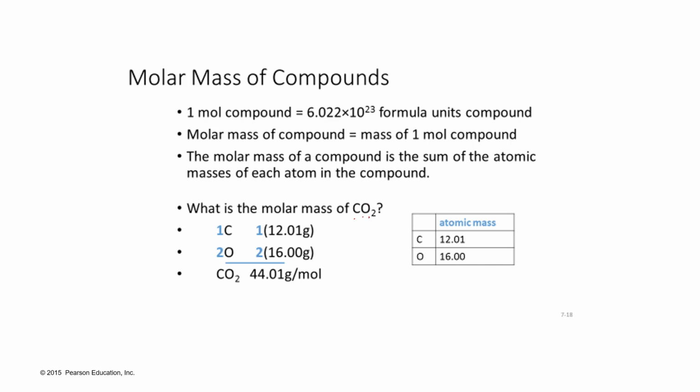The mass of 1 mole of oxygen is 16 grams, but we actually have 2 of those, so we have to account for those 2. So we have 1 carbon with that mass, 2 oxygen with that mass, and we just add them together. Now this is our molar mass of carbon dioxide.